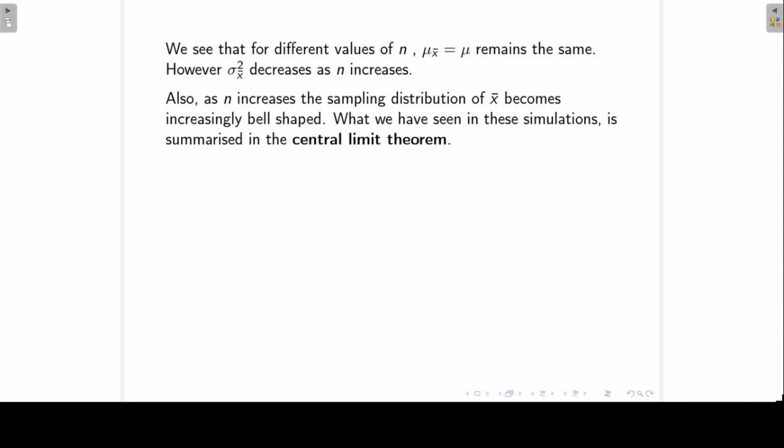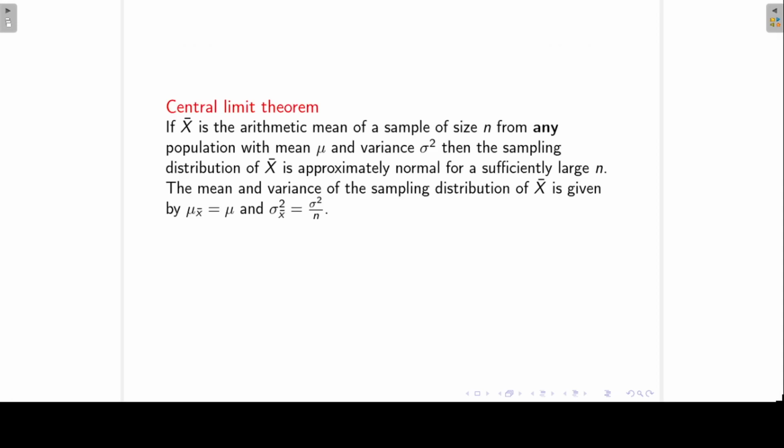The central limit theorem states that if x bar is the arithmetic mean of a sample of size n from any population, with a mean of mu and a variance sigma squared, then the sampling distribution of x bar is approximately normal for a sufficiently large n, for sufficiently large sample sizes.